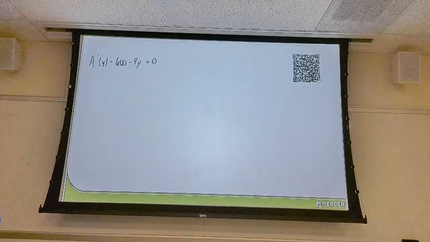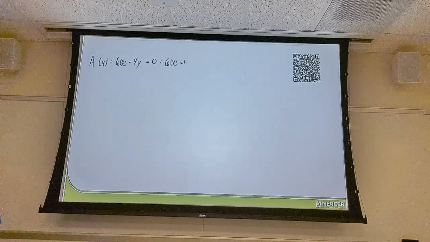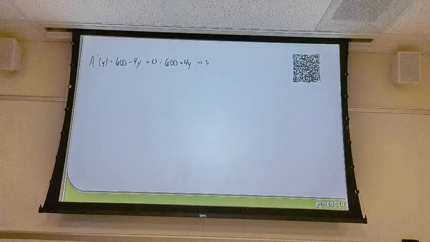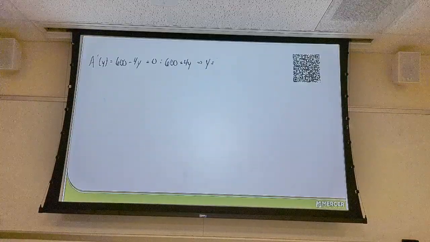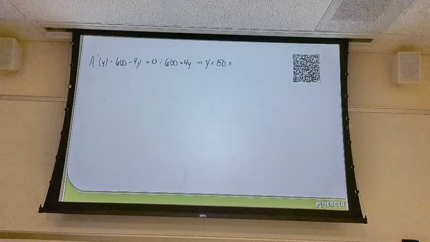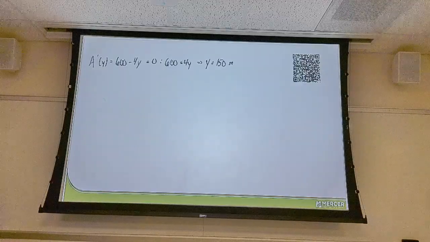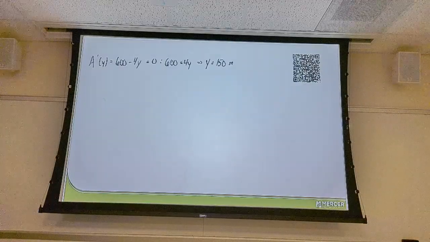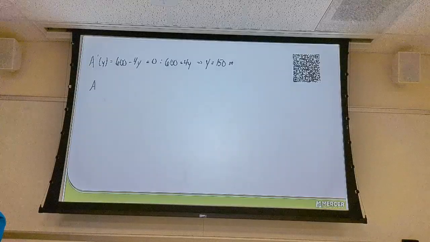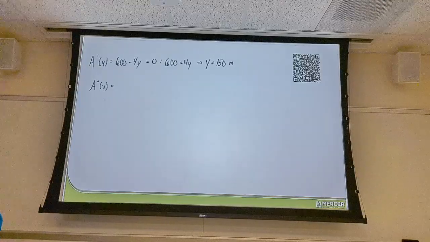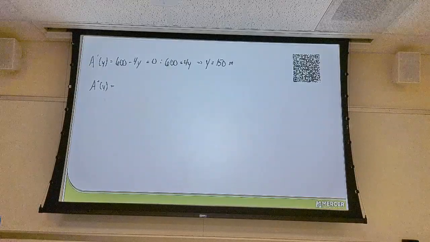Is that equal to 0? y is 150. 150 meters, right? Oh, look at that.